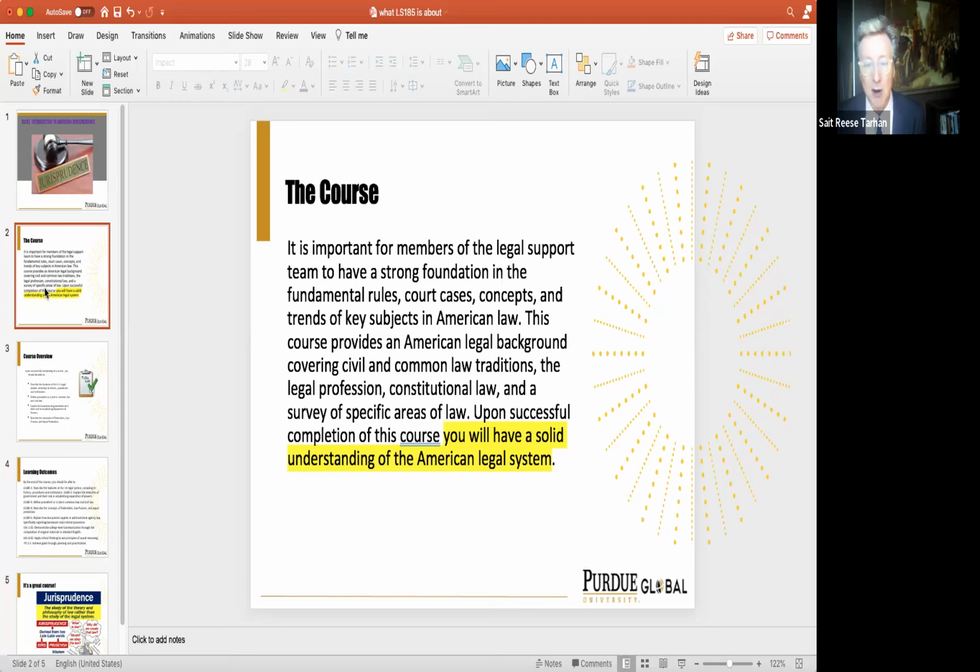The course provides an American legal background covering civil and common law traditions, the legal profession, constitutional law, and a survey of other specific areas of law. Upon successful completion of this course, you will have a solid understanding of the American legal system.